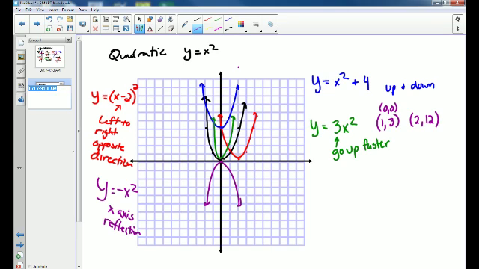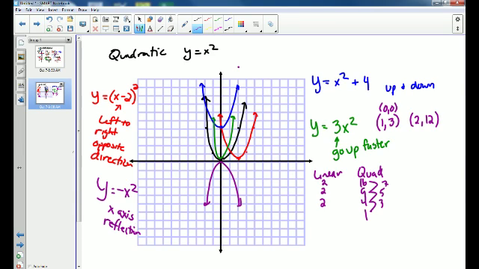So with a linear function, it's going up 2, up 2, up 2: 2, 4, 6. Quadratic, it's going 1, 4, 9, 16. So it's actually going up 3, up 5, up 7.